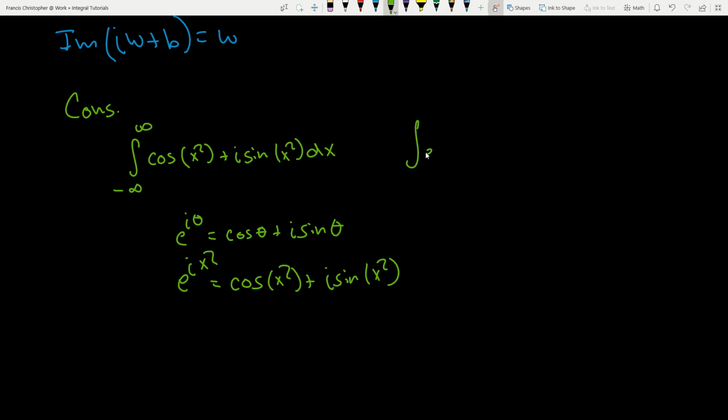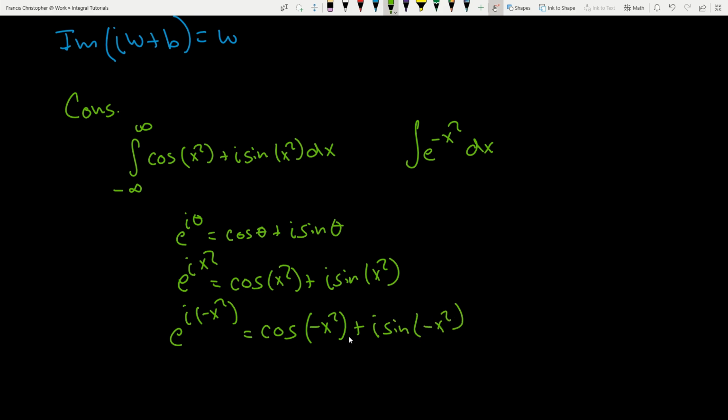Recall the Gaussian integral was e to the negative x squared dx. This is sort of like the negative version. So what we can actually do here is have e to the i negative x squared. So what happens here? Well, cosine of negative x squared plus i sine of negative x squared. We just negate the inputs.